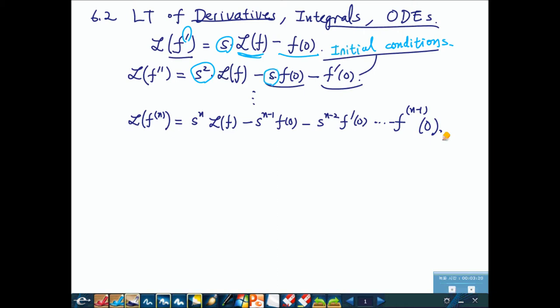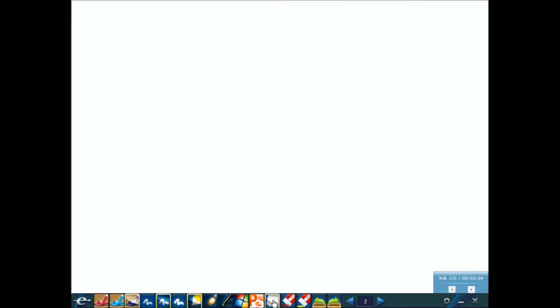The proof is rather simple. For all proofs in Laplace transform, you go to the definition and try to calculate it. The Laplace of f prime is the integral from 0 to infinity of e to the minus st times f prime of t dt.